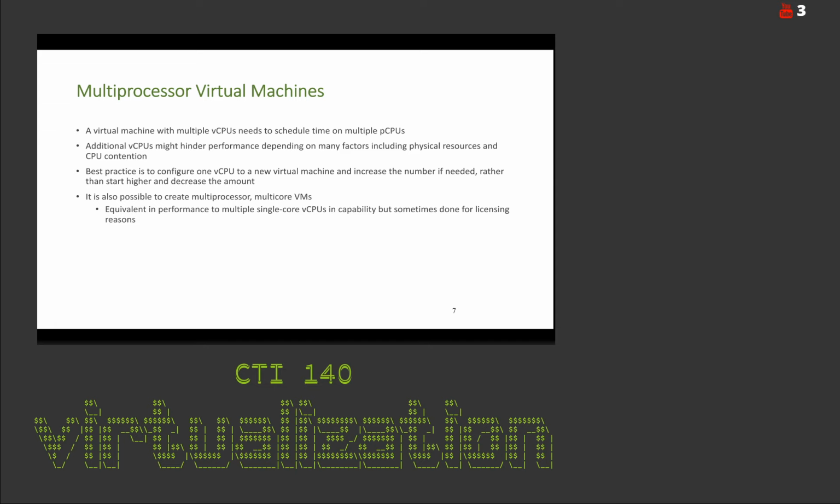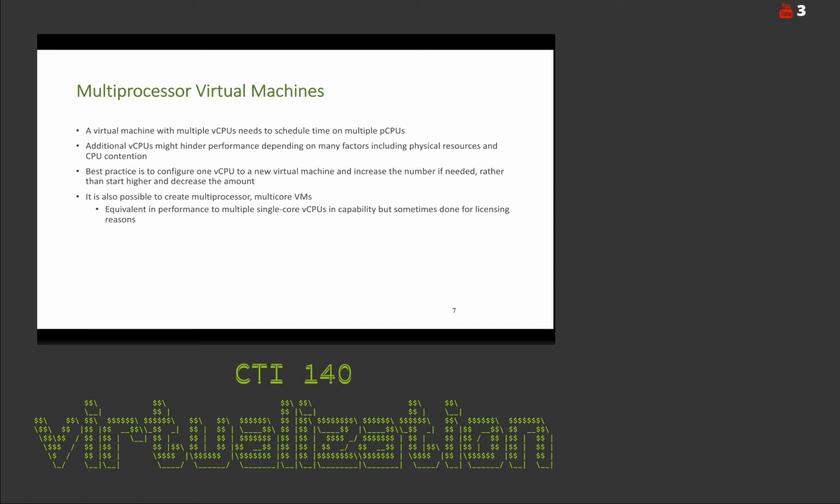Which also makes a lot of sense, considering what we talked about in relation to how we can hot add vCPUs to certain operating systems, but we can't hot decrease. So if you start low and go high, it's a more efficient way to employ multiprocessor virtual machines than the other way.